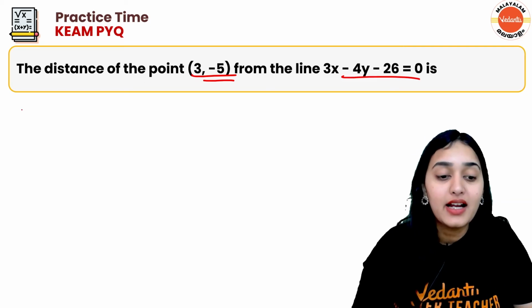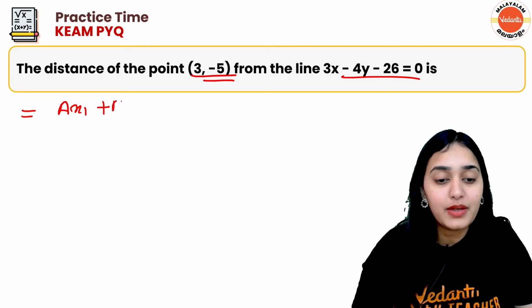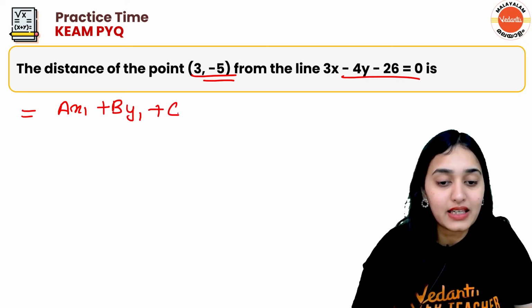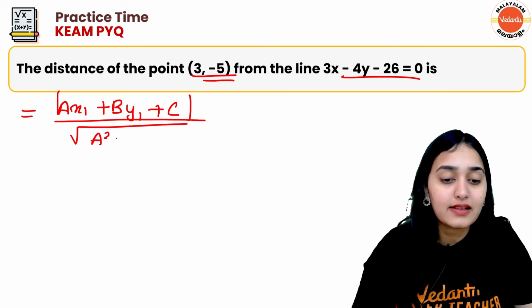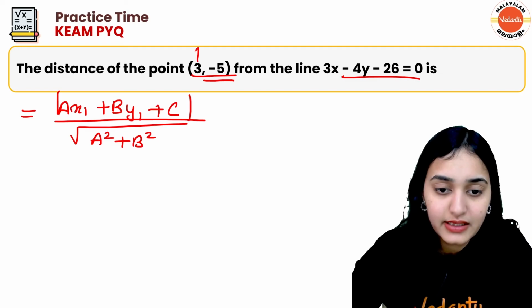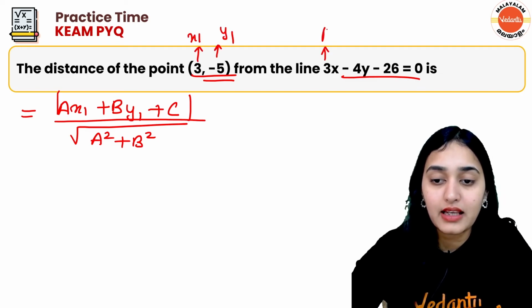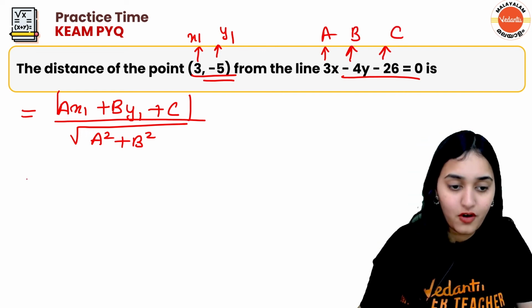Distance formula. Distance is equal to the mod value of a into x1 plus b into y1 plus c upon root over a square plus b square. Now, this is x1, this is y1, this is a, this is b, this is c. Put in the formula.